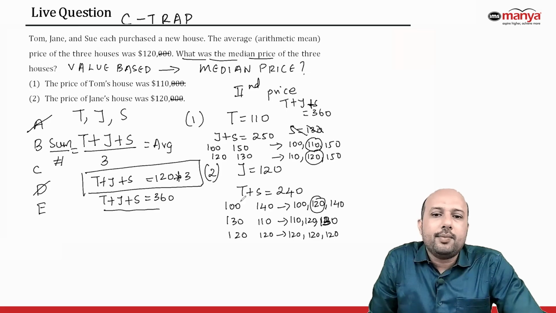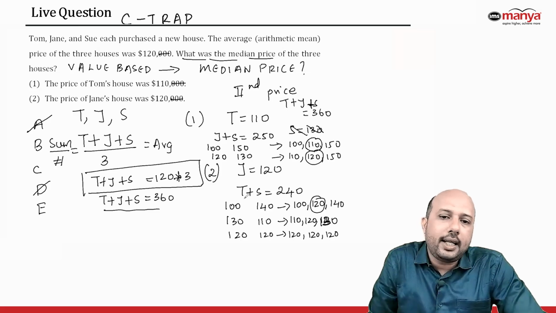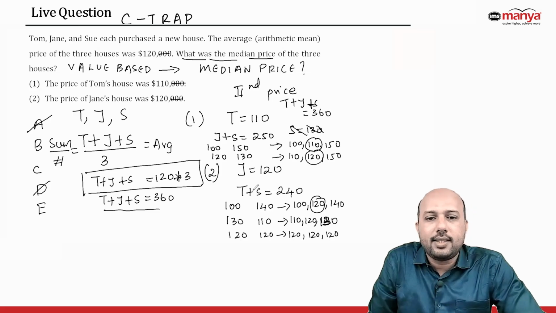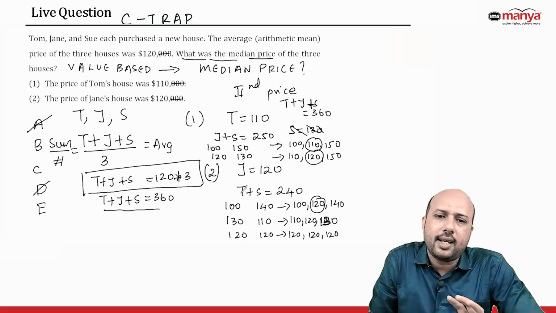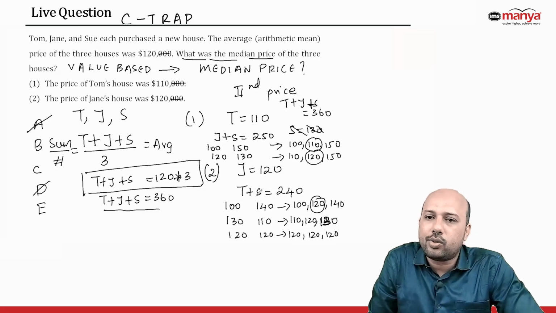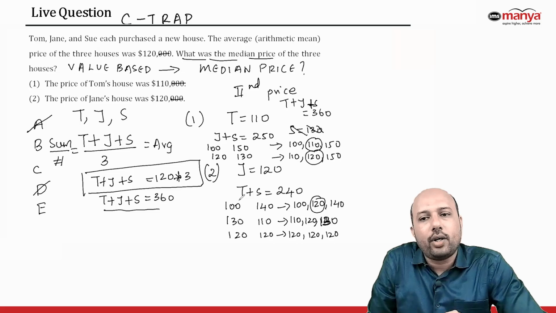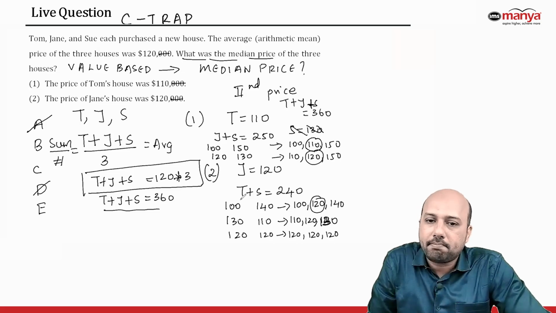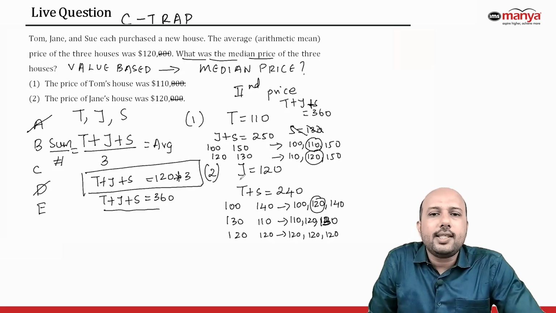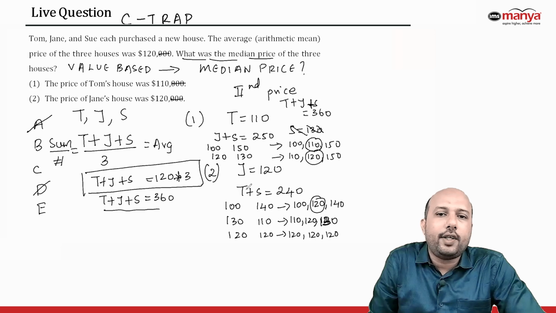Why? We will take a deeper look at that. But if I take the T value as 0, then the S value is 240. T cannot be 0, but let's assume it. Even then 0, 120 and 240, 120 is the median.